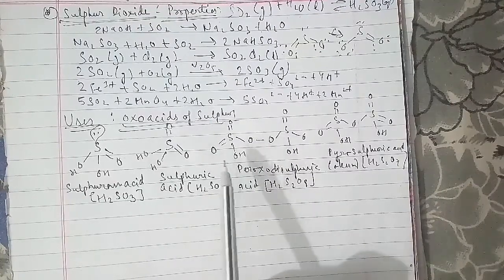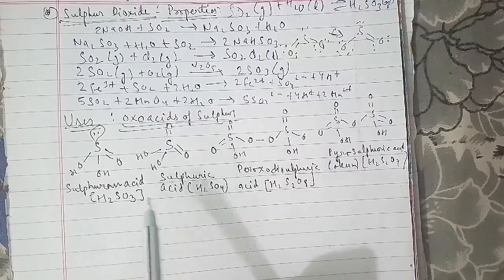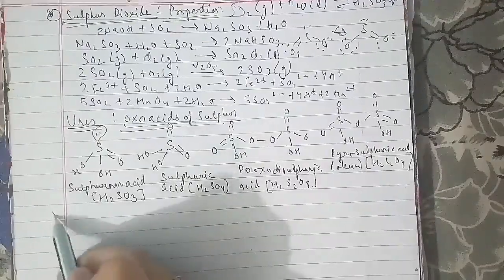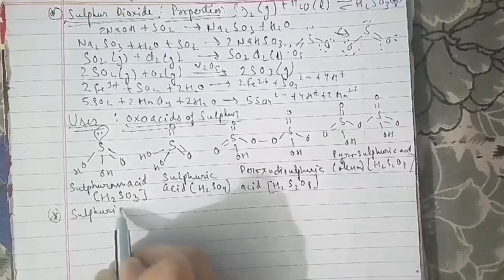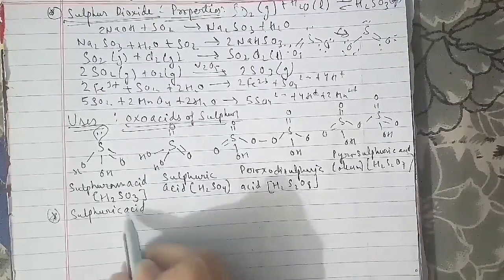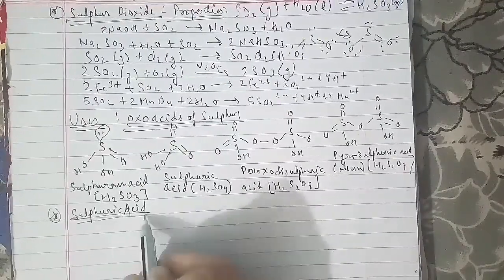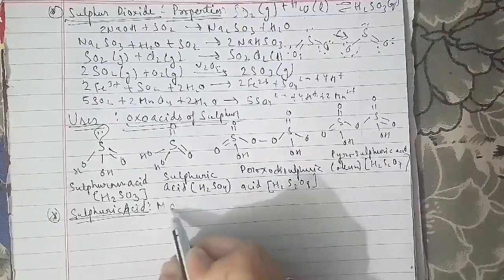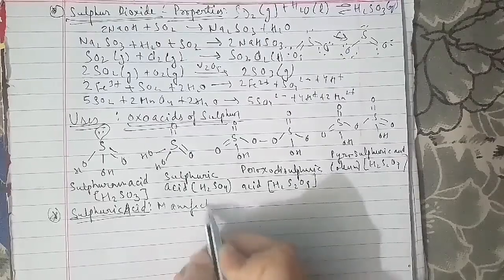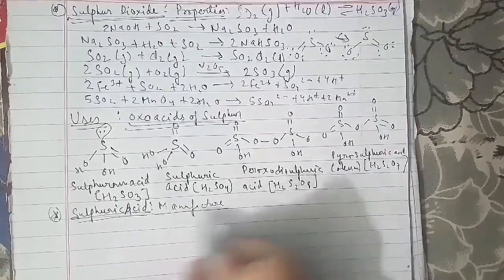Now we'll discuss sulfuric acid, that is also an important one here. In terms of sulfuric acid, we'll talk first about its manufacture.